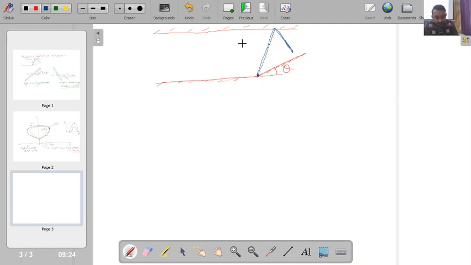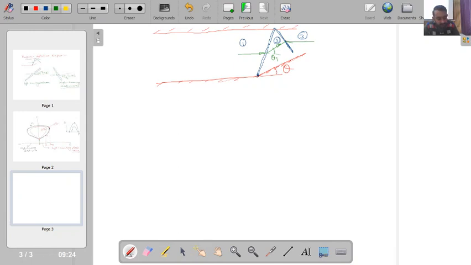So if this is my region 1, this is region 2, this is region 3, I will find that if I have a streamline something like this, it will bend at an angle of theta 1, then it will bend here something like this.